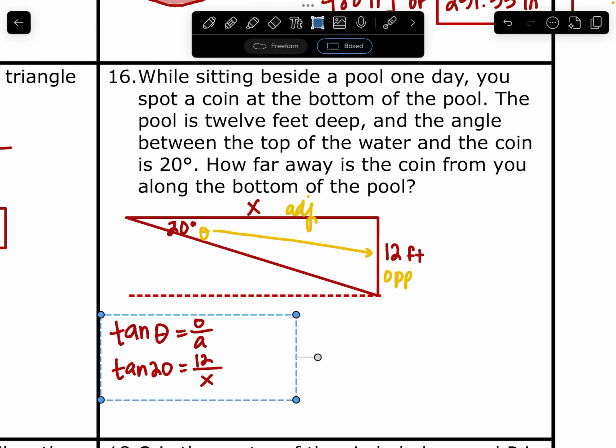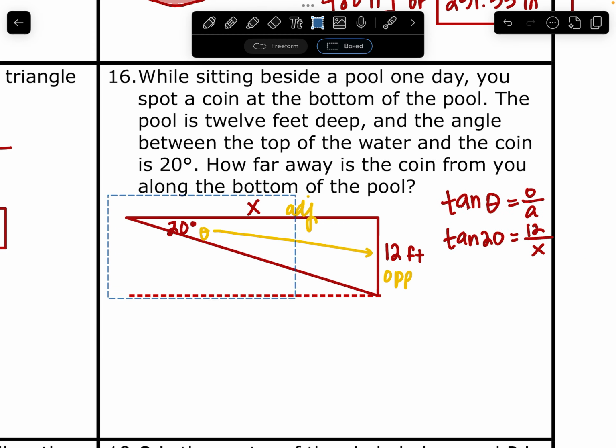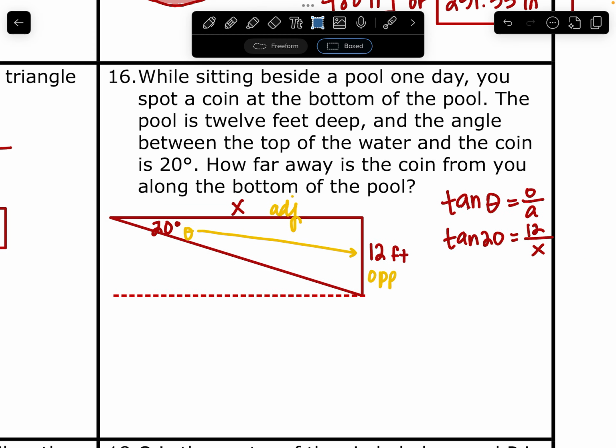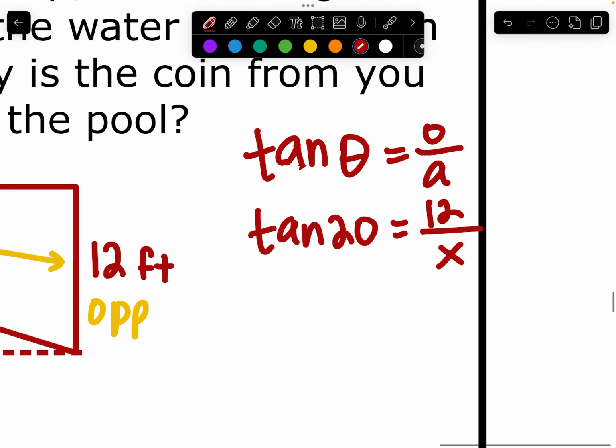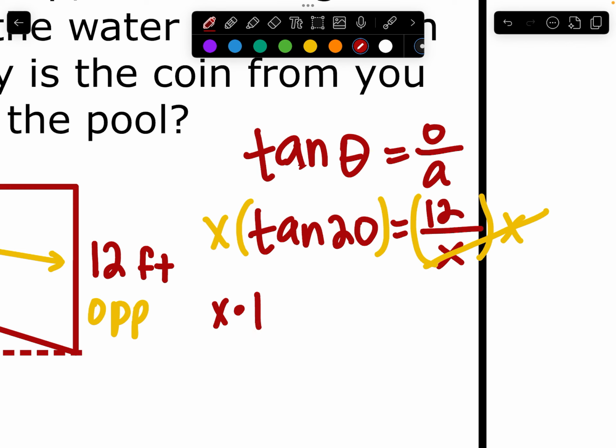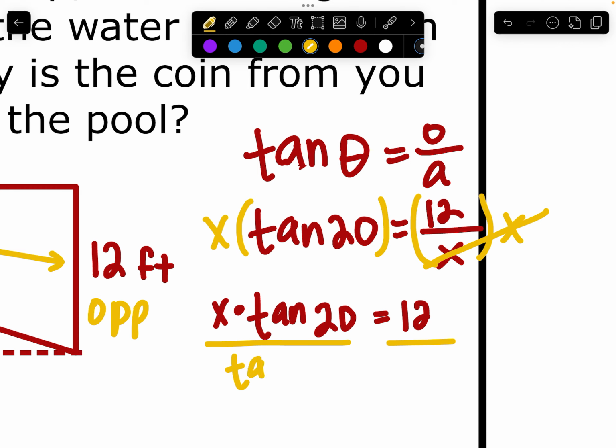I'm actually going to move this because we're going to need a little more space. The first thing I see is a fraction. So I'm going to multiply by the denominator to get rid of the fraction. Now we have x times tangent 20 equals 12, because those x's canceled out. The x is still not alone, so we have to get rid of the tangent 20, and that's going to cancel.